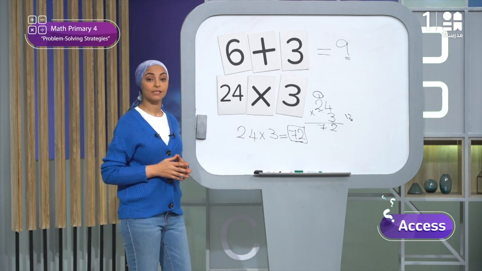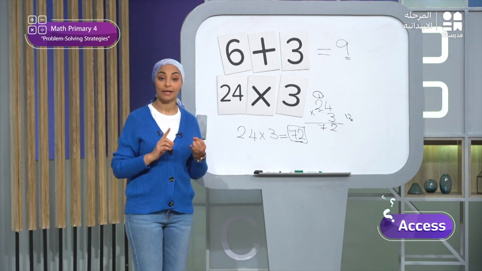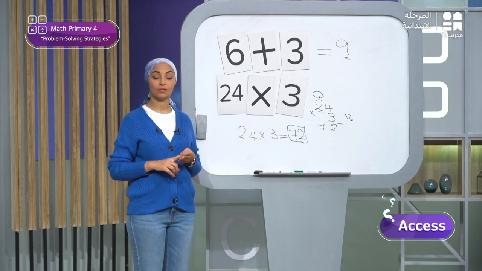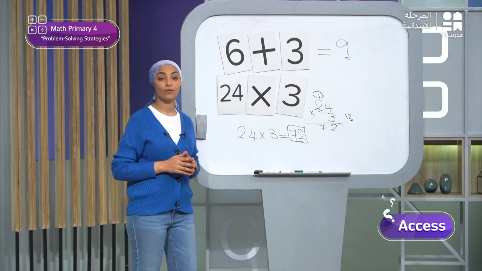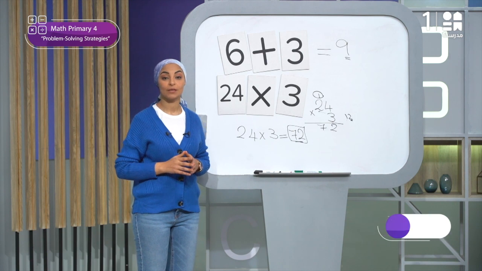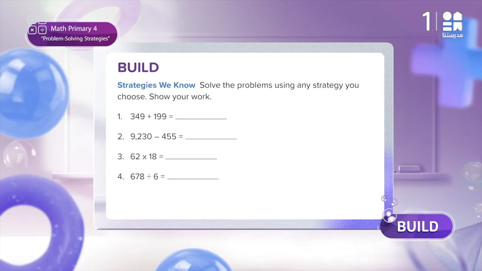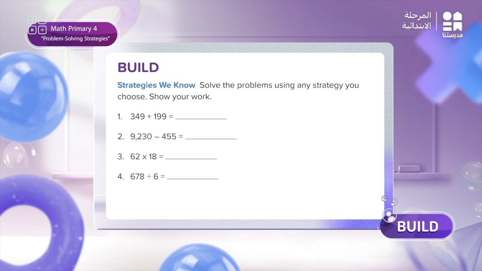Yes, from our study, we have learned about a group of strategies for addition, subtraction, multiplication, and division, and how to use them to answer problems. Let's now review these strategies in Build on page 331 in your school book in the activity strategies we know. Now, we will answer a bunch of different problems using the strategies we have learned.